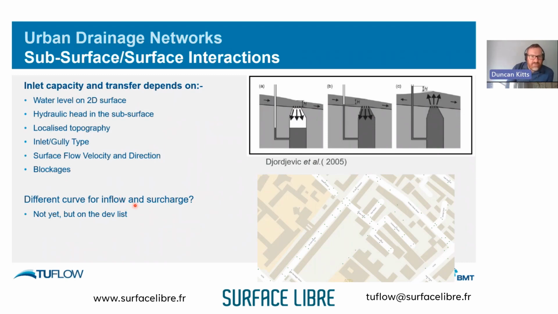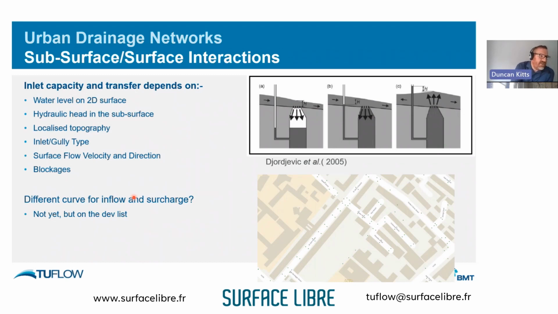So there's a drainage of flow from the 2D into the 1D, and then the flooding from 1D to the 2D. They have the same depth discharge relationship, for instance. It's not possible to have separate ones of those, but that is on the development list. So I would use the Q type myself and use a depth discharge curve, but I appreciate that in some instances, that's not always possible.